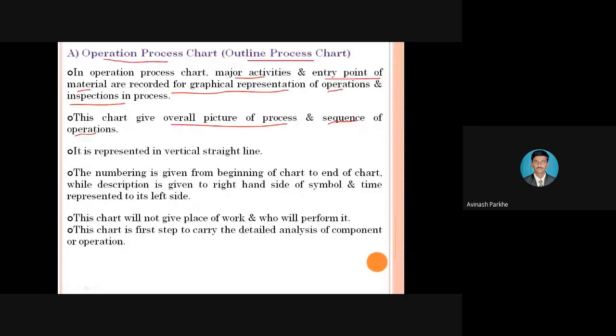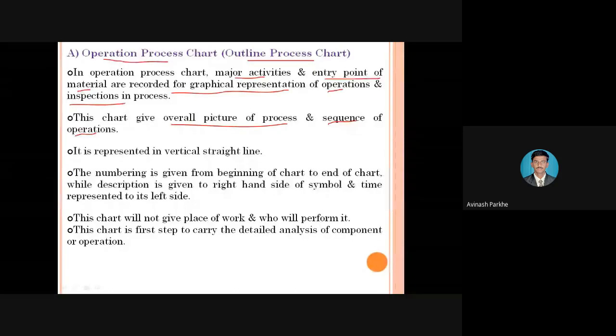If you take the example of a lathe, first of all, we have to go for facing. After that, we have to go for the turning operation. After turning, we have to go for some more turning to reduce the diameter. After that, we have to go for some chamfering operations. After that, we have to go for the grinding operation.